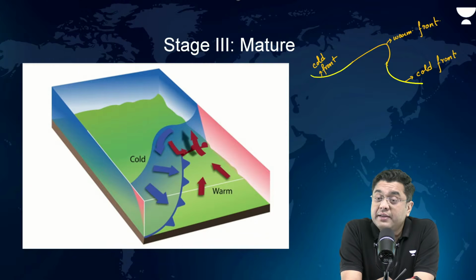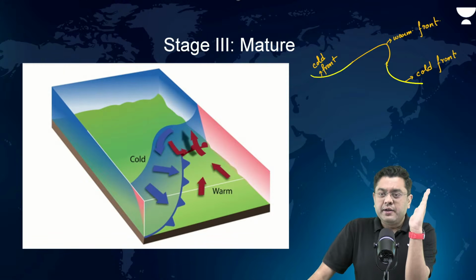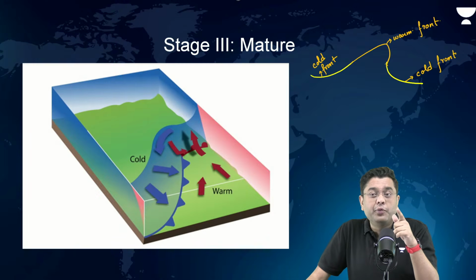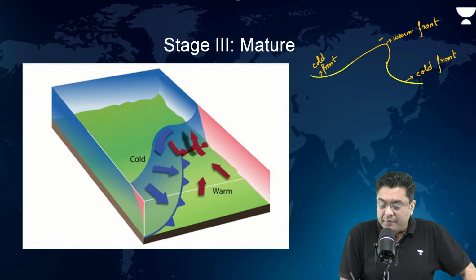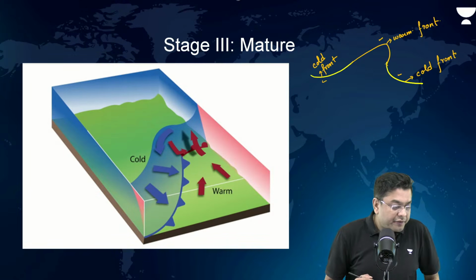It is always going to be the case of a cold front. Cold front will have a very steep gradient. Warm front will have a gentle gradient. So means what? The type of cloud formed here is different from the type of clouds getting created here and here, right? Weather conditions are different.